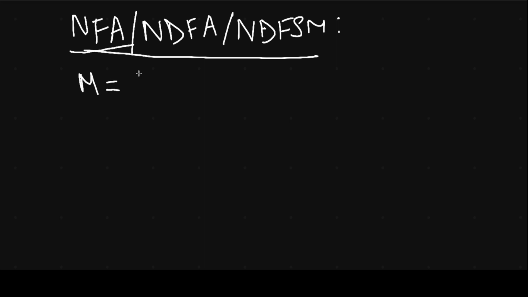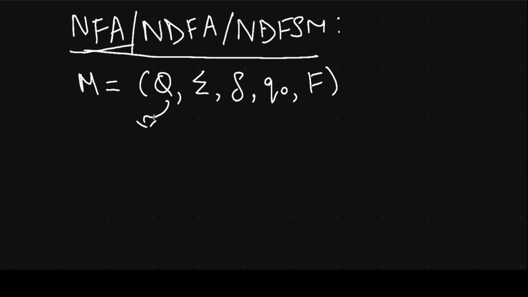Okay, so as we studied in our previous video, here NFA can be described as a 5-tuple that is same as before: Q, sigma, delta, Q naught and F, where Q is the non-empty finite set of states.